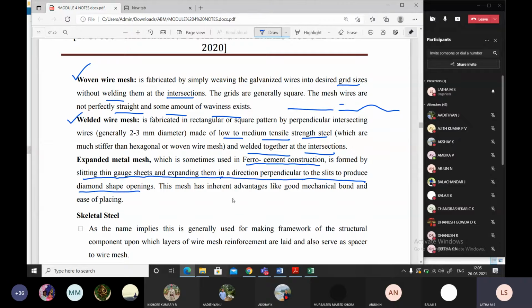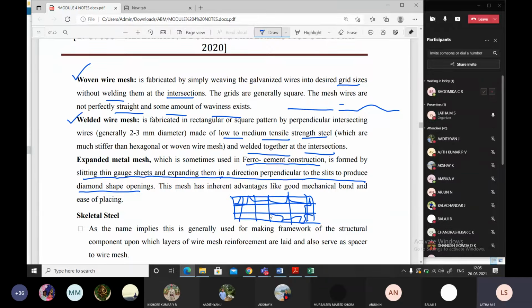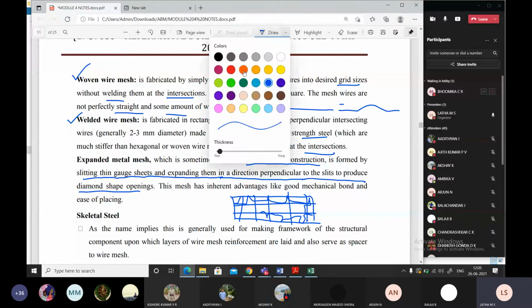Something like this, you find a metal sheet with the openings provided, correct? On this metal sheet you find the mesh arrangement. This whole thing will be attached to the steel bars.